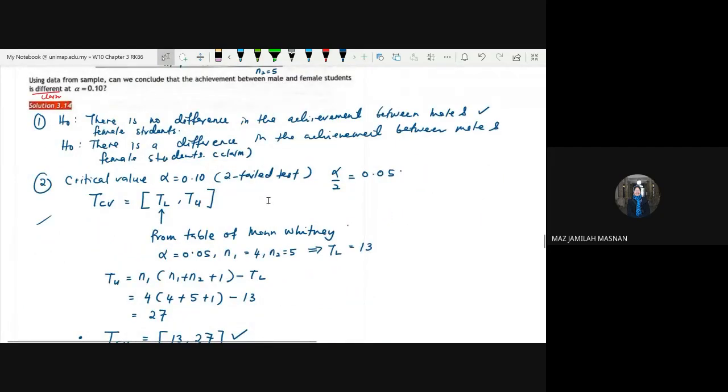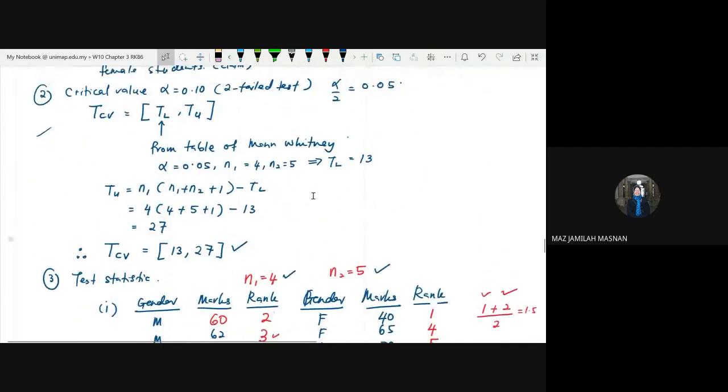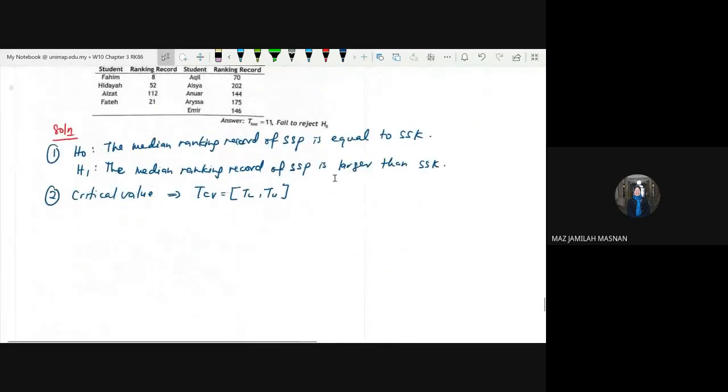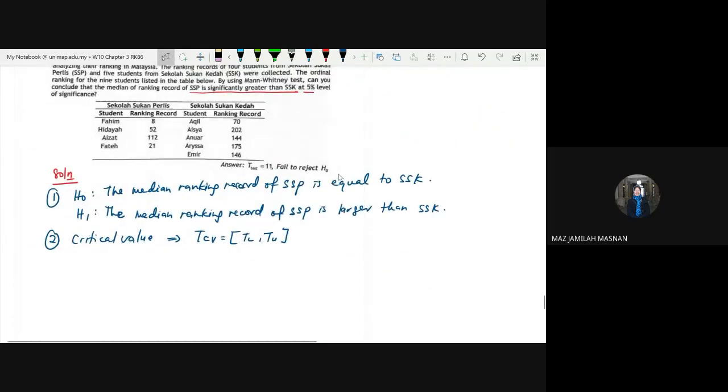We begin with TL from the table. Here alpha is 0.05.